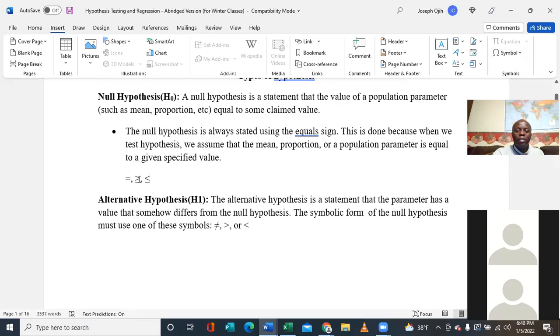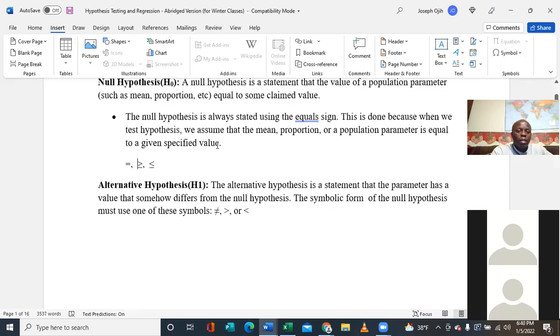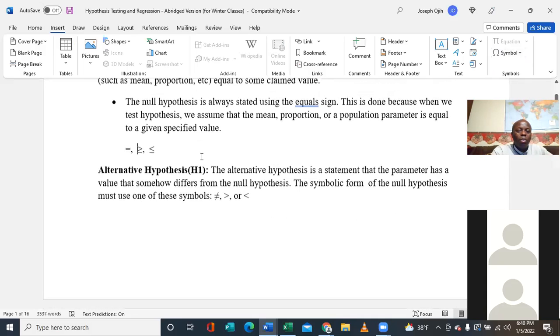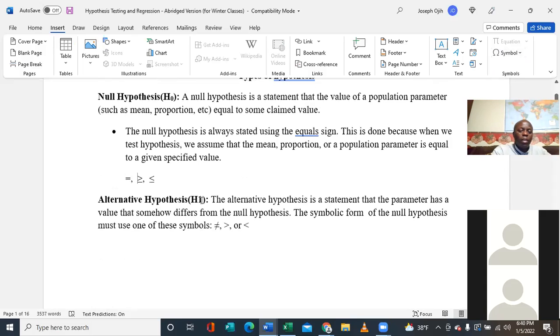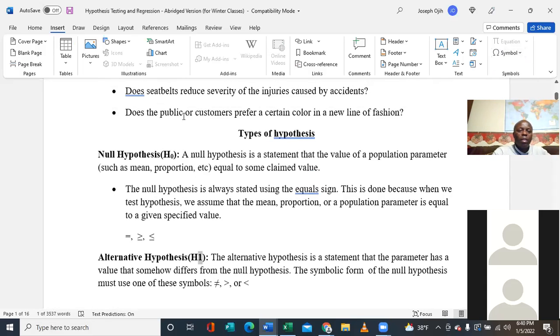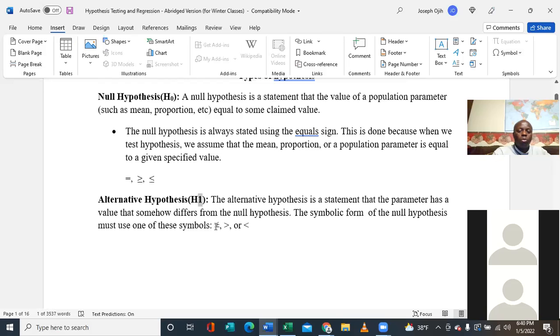You can only use some kind of equality symbol, because it tells us that it's equal to some specified value. But the alternative hypothesis says the opposite of the null hypothesis. For the alternative hypothesis, the symbols we use most of the time include not equal to, greater than, or less than.